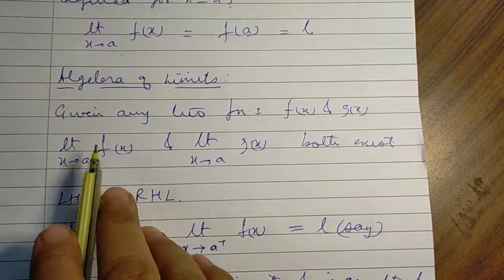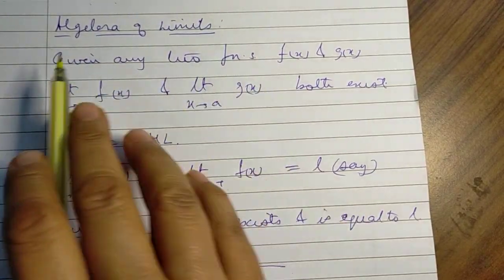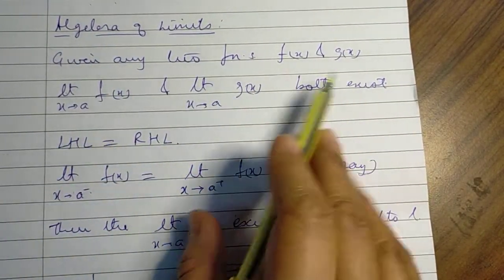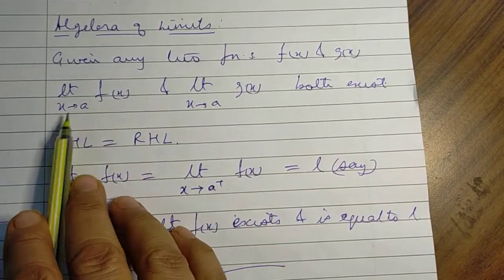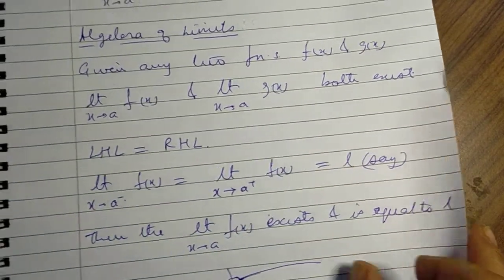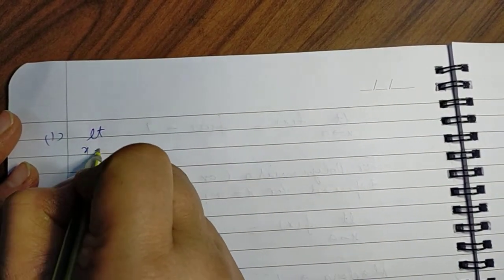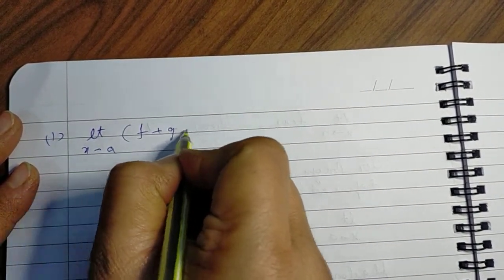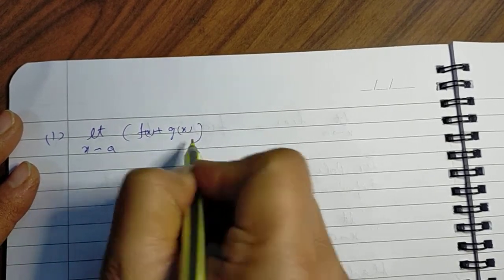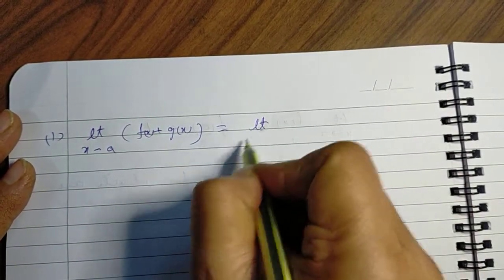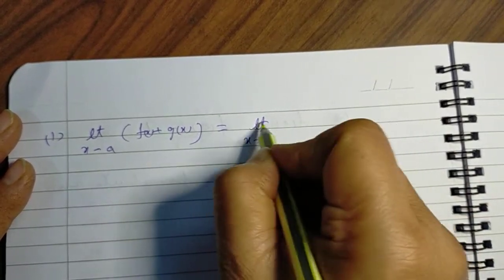Now to find the algebra of limits, we are taking any two functions f and g such that both the limits as x tends to a exist. In such a case, the first condition is that the limit of the sum is equal to the sum of the limits.